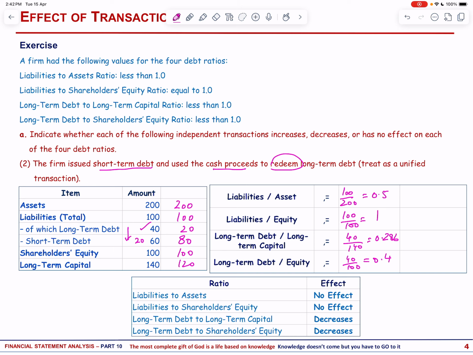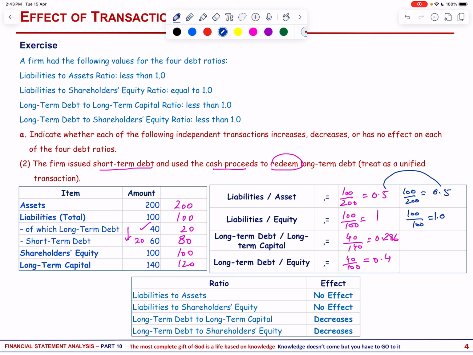Now we are going to calculate again these ratios. The liabilities to assets ratio will be 100 over 200, that is equal to 0.5. You can see there is no change. The liabilities to shareholders equity is going to be 100 over 100 again, so again there is no change, that is equal to 1.0.